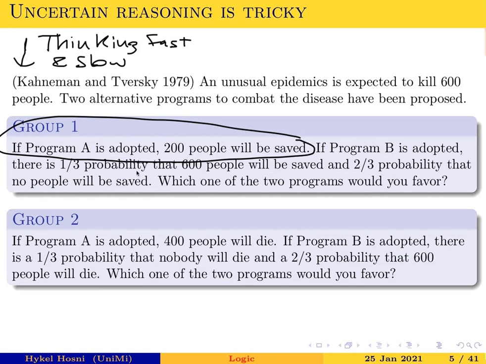You say that you have a 1/3 probability of saving 600 people, so in expectation, you are actually saving 200 people. 1/3 times 600 is just 200. And 2/3 probability of no people being saved, which is again 400. So 600 minus 200. So it's exactly the same expectation, but people massively go for program A.